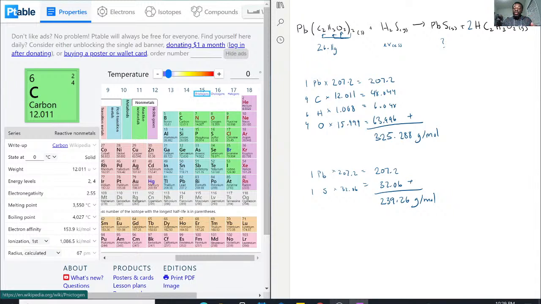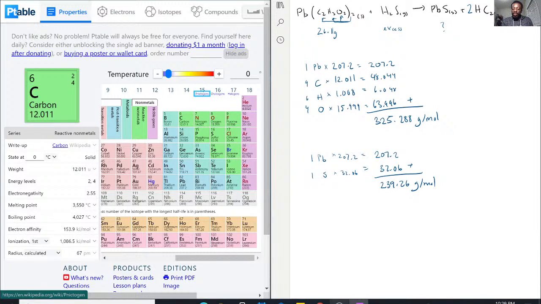So we're going to set up in terms of conversions. We have 26.11 grams, and we want to convert this now to moles. That'd be 325.288 grams per 1 mole of lead acetate. And now, based on the formula, for every 1 mole of lead acetate, there is 1 mole of lead sulfide.